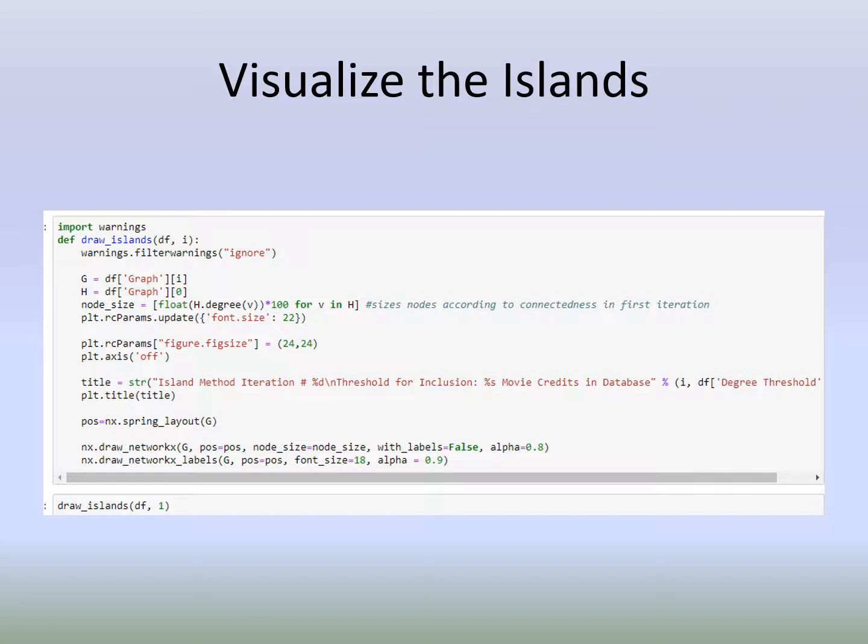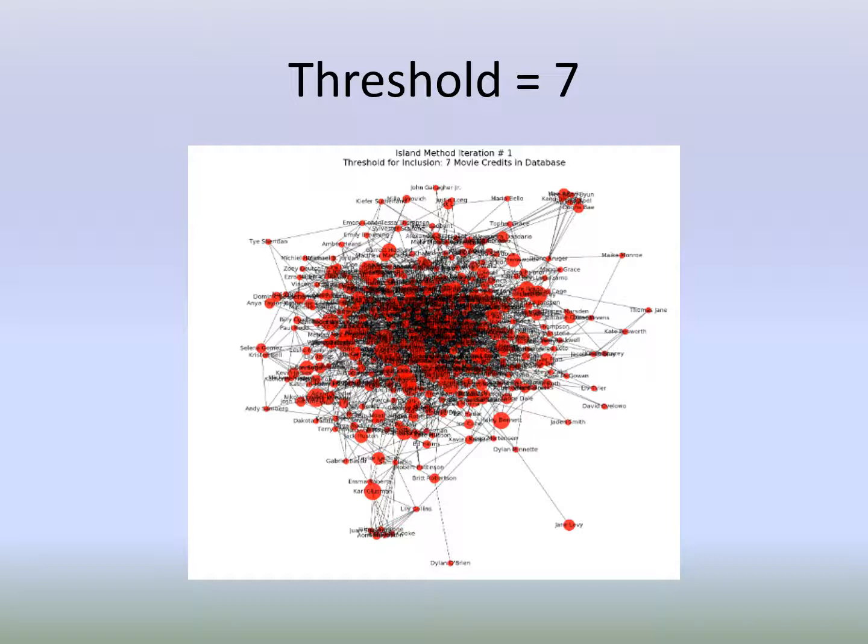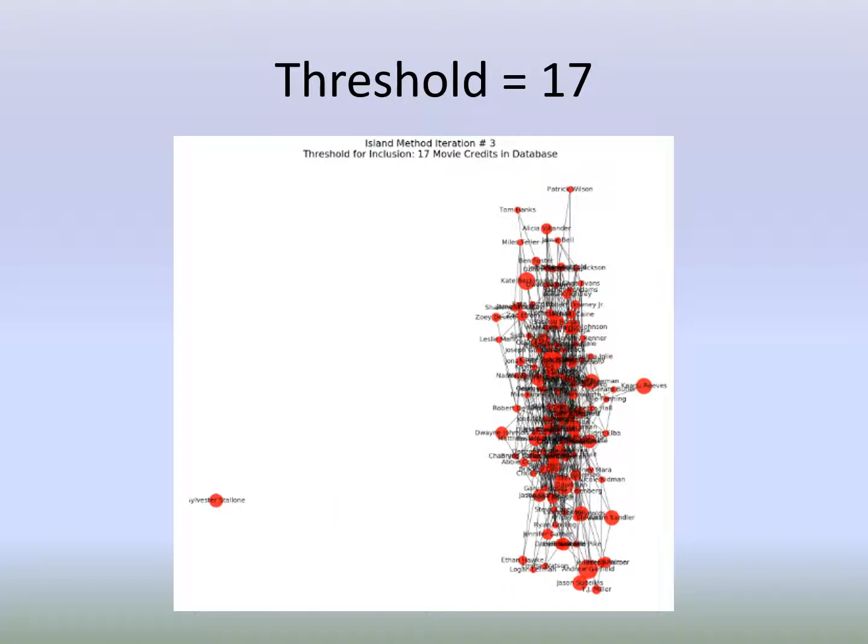Here we try to visualize the island in the plot. When the threshold is equal to 7, we can see these connections here. It's quite a busy picture. Here, when the threshold reaches 17, we see fewer nodes.